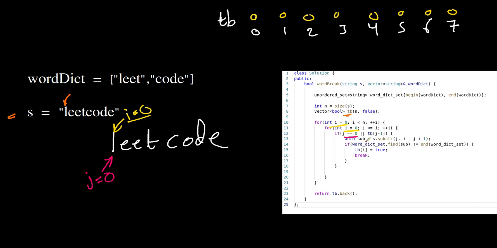Now we need to check if the substring from j to i, which is the word l, exists in the dictionary. In this case it's not, so this condition does not apply. And then j equal 1 is greater than i, as we check for j until j equal i. So we are done with i equal 0, and the result is false. Next, i equal 1.